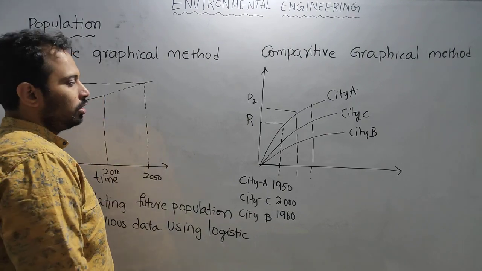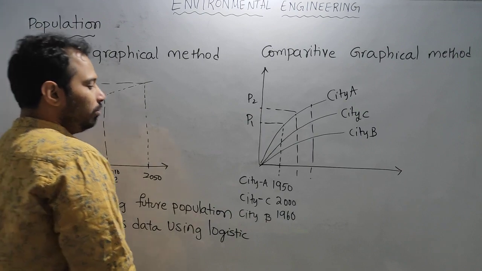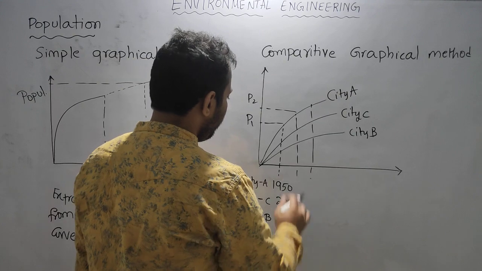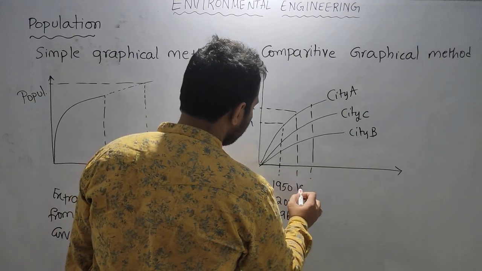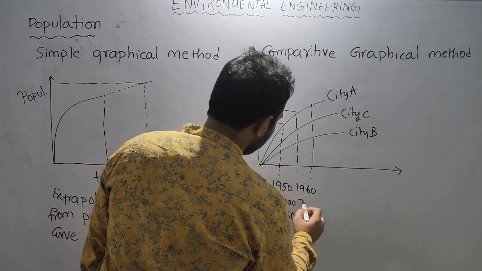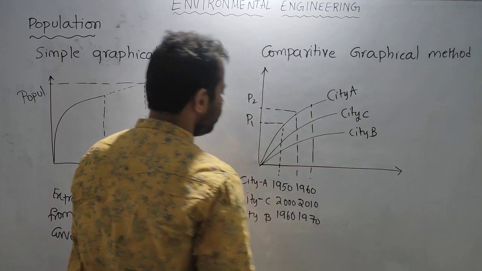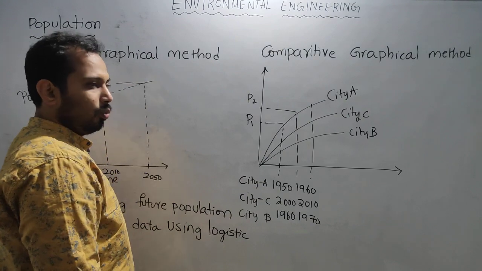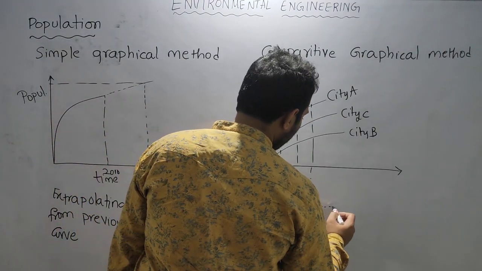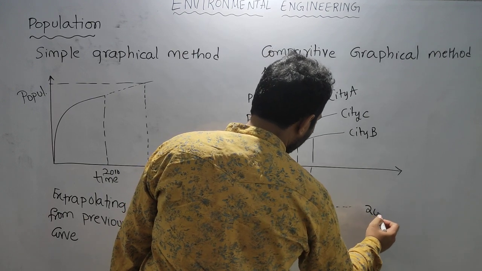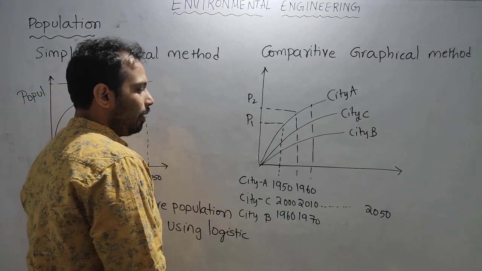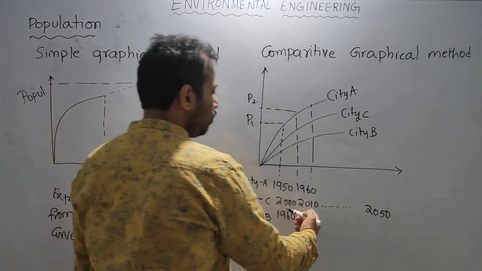Similarly, some different population P2 was achieved in 1960, in 1970, and in 2010. Now for this city, what would be the population in 2050? I want the population of this city in 2050, which is 40 years from here.